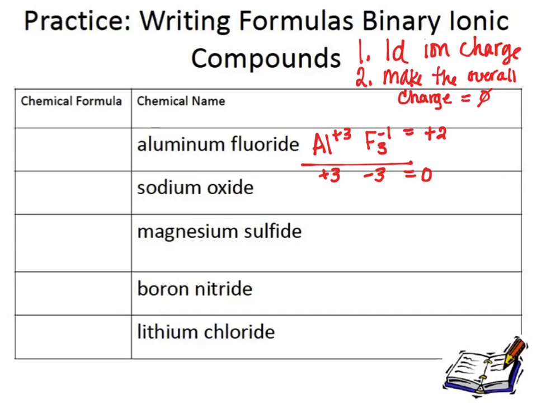What do I have to multiply +3 by to get it to +3? 1. Those multipliers are our subscripts. So the formula for this would be Al, 1 is understood, F3.